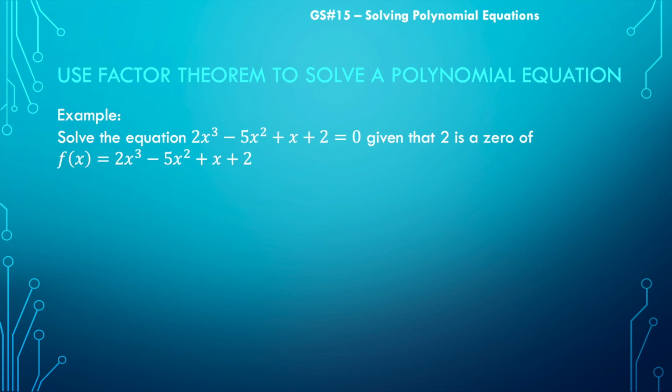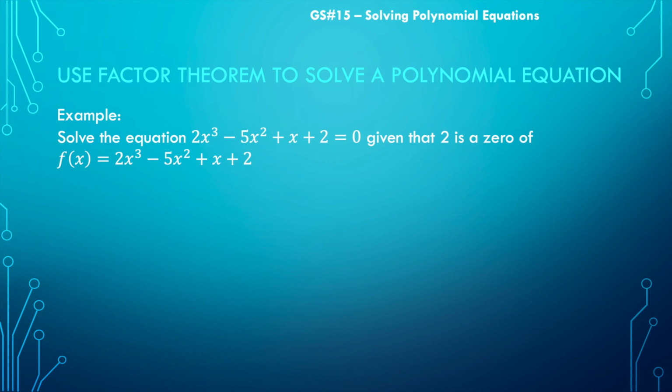If I am interested in solving 2x cubed minus 5x squared plus x plus 2 equals 0, and I know that 2 is a 0 of the function f of x equals 2x cubed minus 5x squared plus x plus 2, that means that when I divide the function by x minus 2, I should get a remainder of 0.